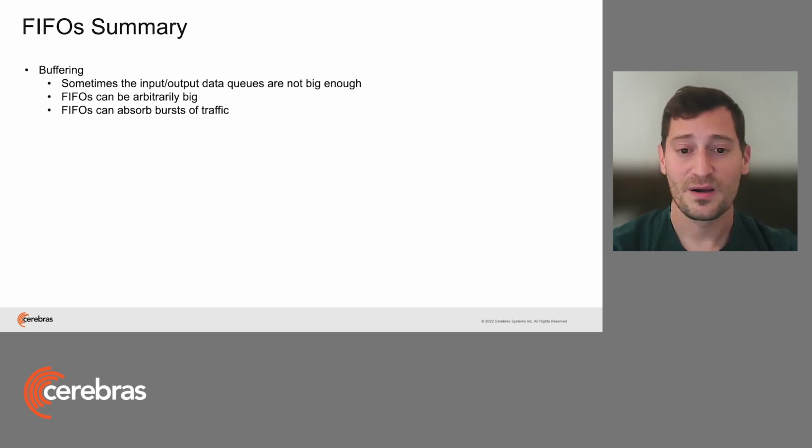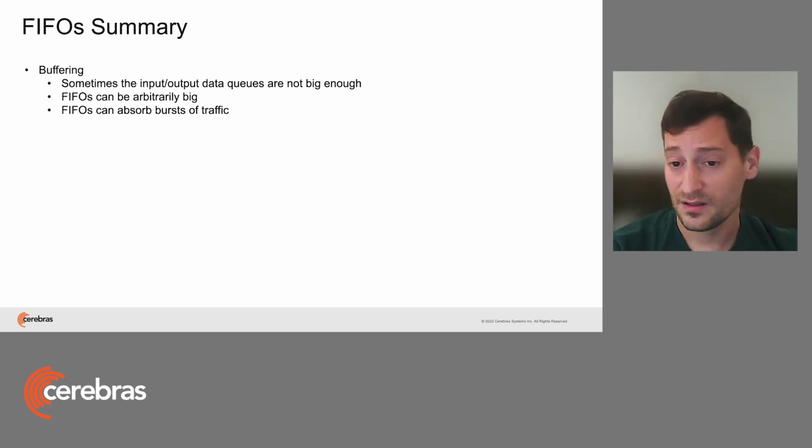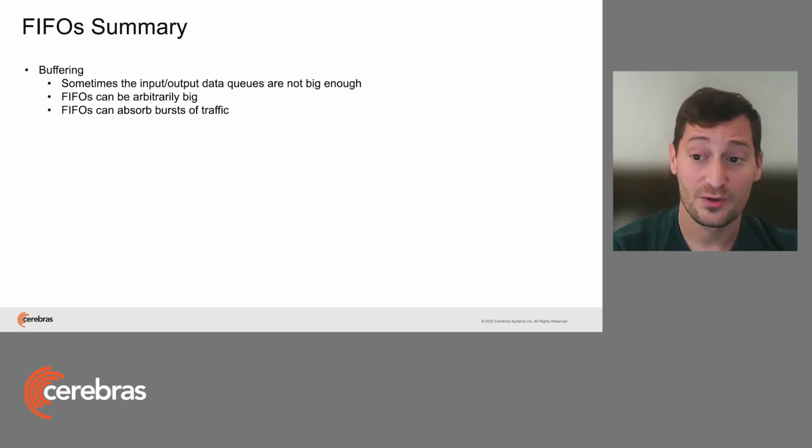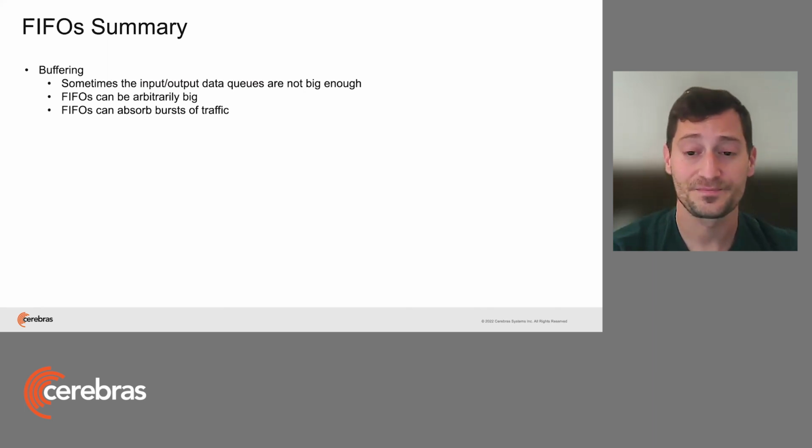All right, so what we've seen so far with FIFOs is that we can use FIFO DSDs when the small input and output data queues are not big enough to absorb our traffic.